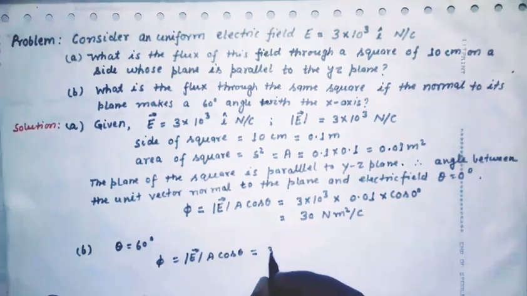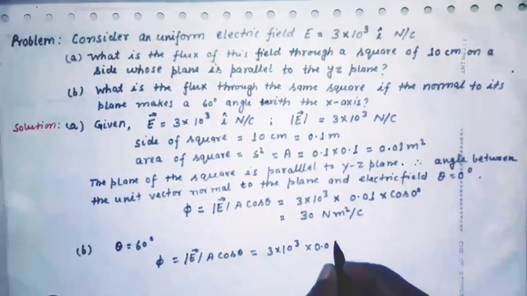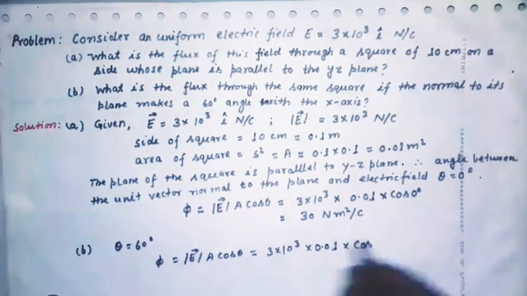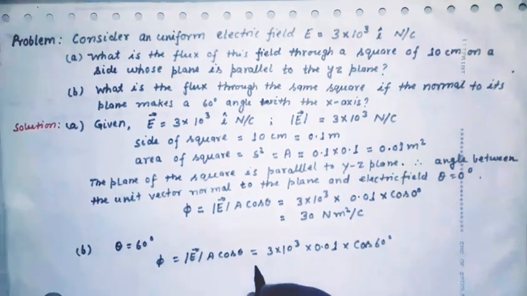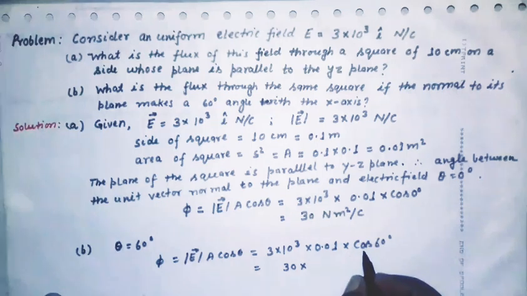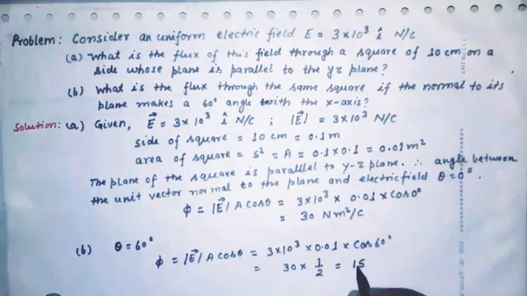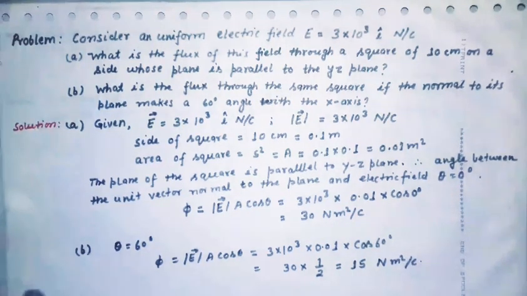So this is 3 into 10 to the power 3 into 0.01 into cos 60 degree. Now again this quantity will be 30, and the value of cos 60 is half, so 1 by 2. So the answer will be 15 Newton meter square per Coulomb. It's our solution.